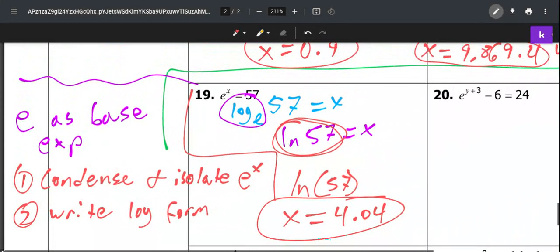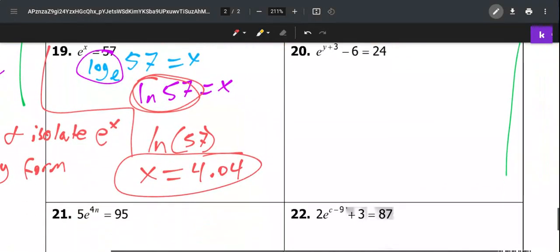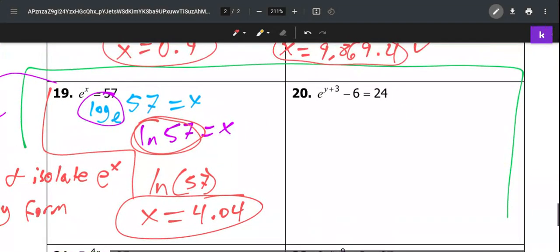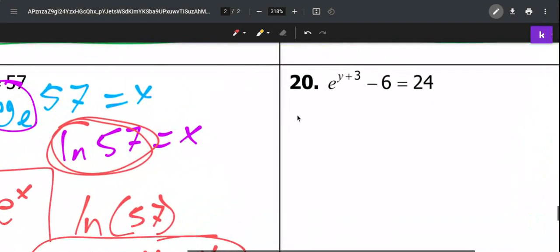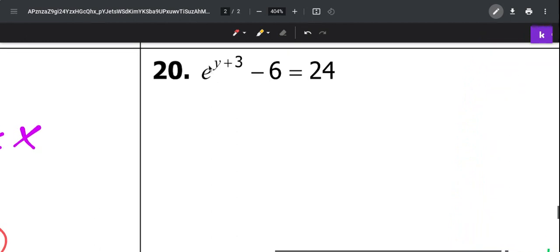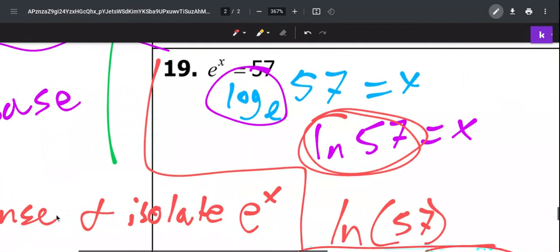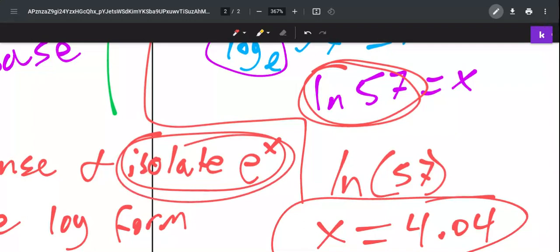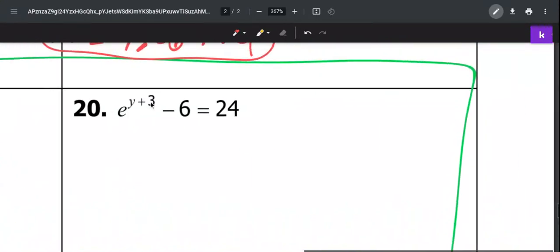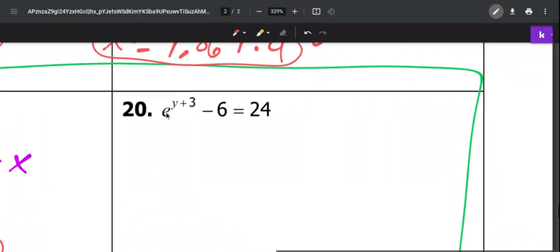All right. Now, let's look at another one just so you could see a more complicated example. Because on number 20, here's what you have to notice. We have e in exponential form, except we have this -6 over here on the same side. So what isolating is referring to is get rid of anything added or subtracted or multiplied in front of that e or after that e.